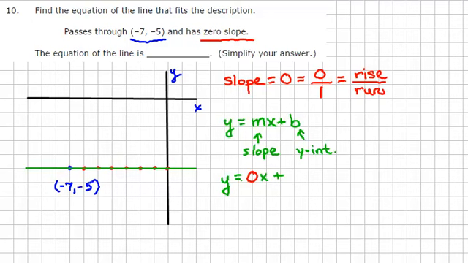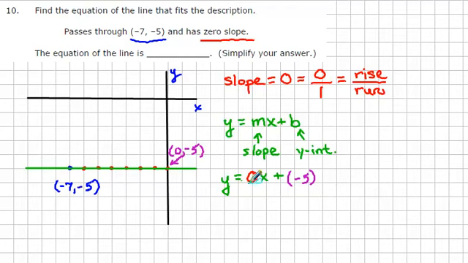And our y-intercept is right here. Our y-intercept is where the graph crosses the y-axis, and that's at y is equal to -5. Specifically, it's the point 0, -5, but we're interested in the y-coordinate, which is -5, so we have plus -5.